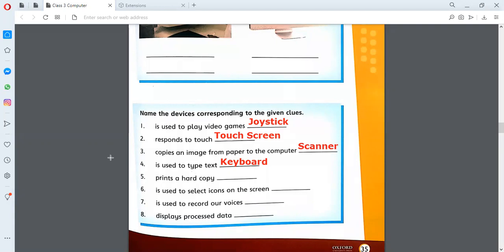So the answer for this question is a printer. Let me write the spelling there. It's printer.